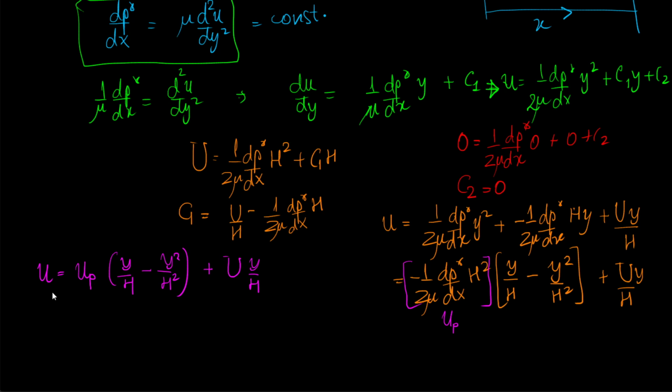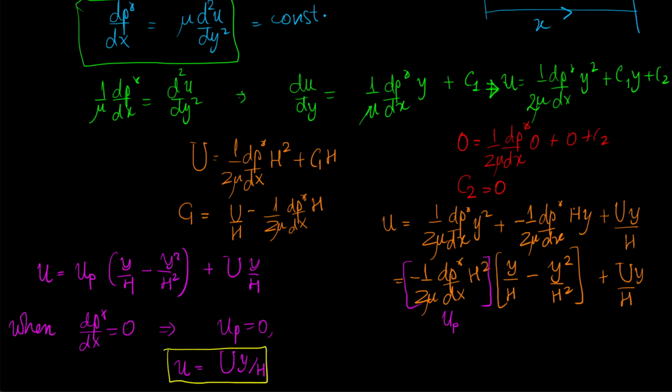So naturally, when the pressure gradient is 0, then up becomes 0. So the velocity profile simply becomes capital U y upon h. So this solution itself is the Couette flow profile.